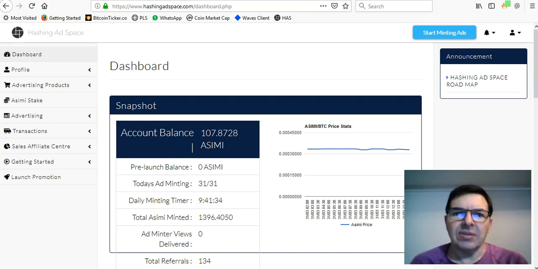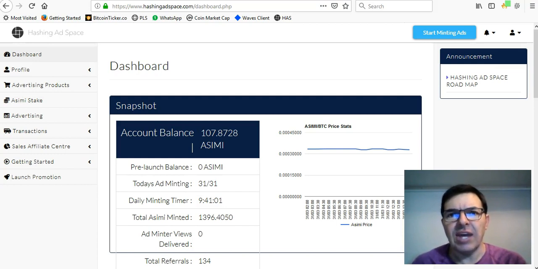What helps the Hashing Ad Space a lot is that they don't have to generate income to pay us, because they're paying us with Asimi. Asimi is a crypto token that's created on the Waves blockchain, and every day there's about 17,400 Asimi issued, and that is divided among all the people that are willing to watch the ads.